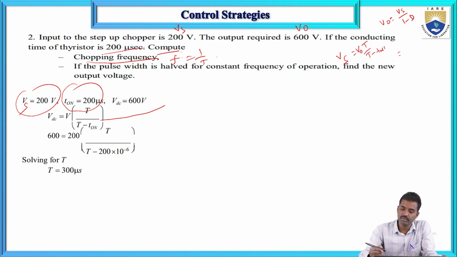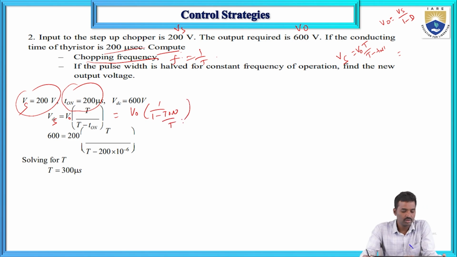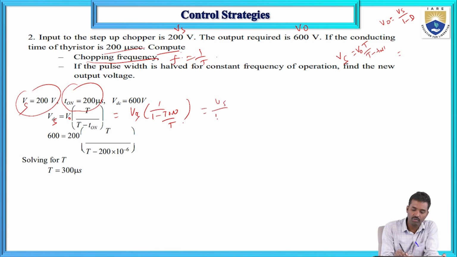Here this is Vs and this is V naught. V naught equals Vs into 1 by 1 minus T on by T. So the output voltage equals Vs by 1 minus D. This is the formula.